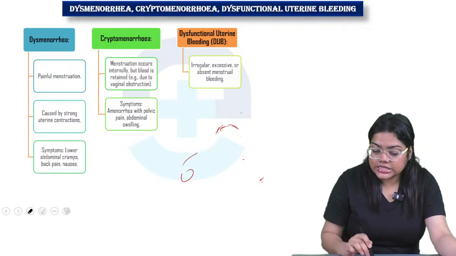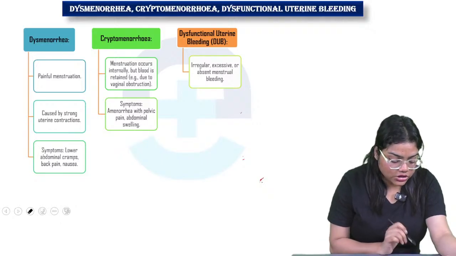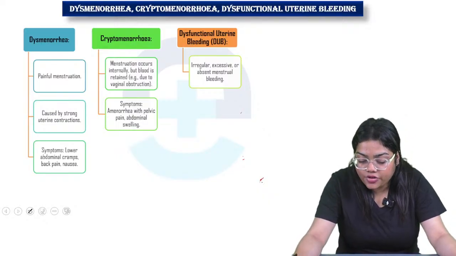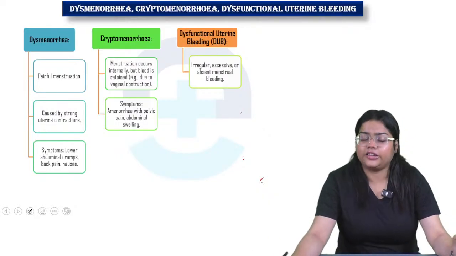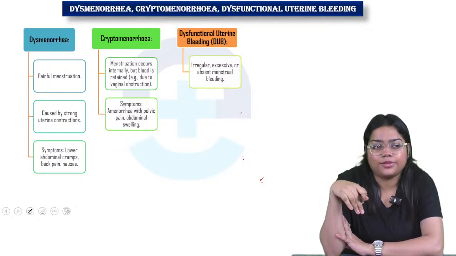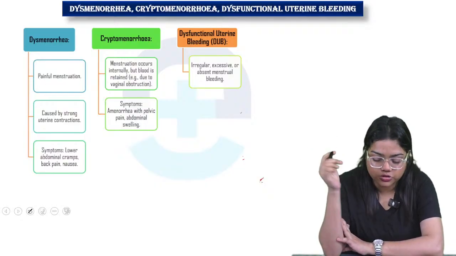The next one is dysfunctional uterine bleeding. Okay, so what is dysfunctional uterine bleeding? It is irregular, excessive or absent menstrual bleeding. It is very common nowadays because of radiation, pollution, and because of PCOD, PCOS patients also.